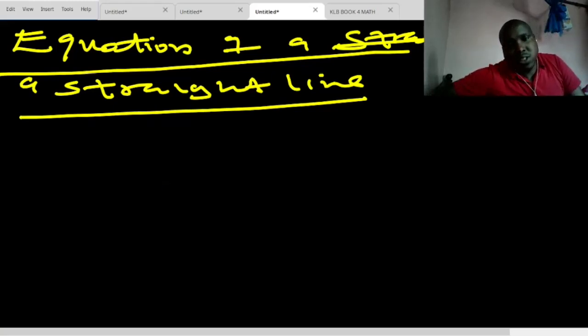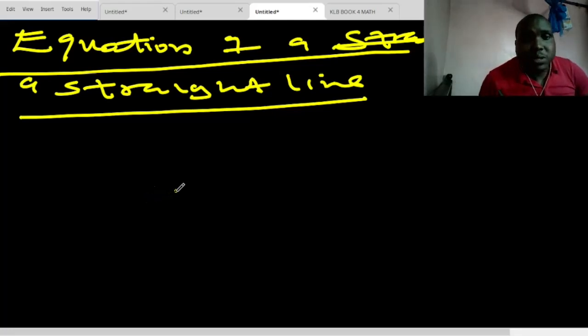In differentiation, when we go further, we are going to calculate the equation of a tangent, the equation of the normal, and the equation of the curve. So you need the gradient of the curve, the gradient of the normal, and the gradient of the tangent. That's why it's important to know these things from Form 2.